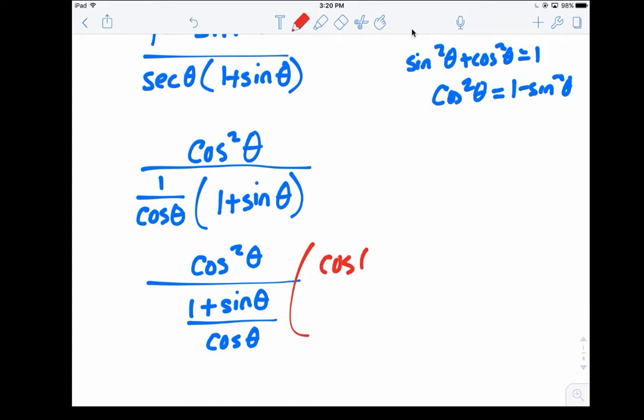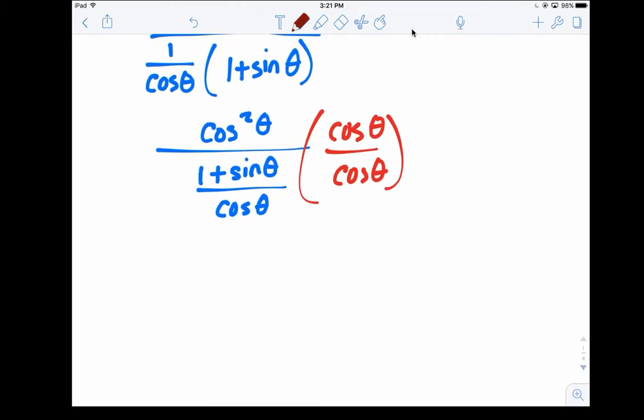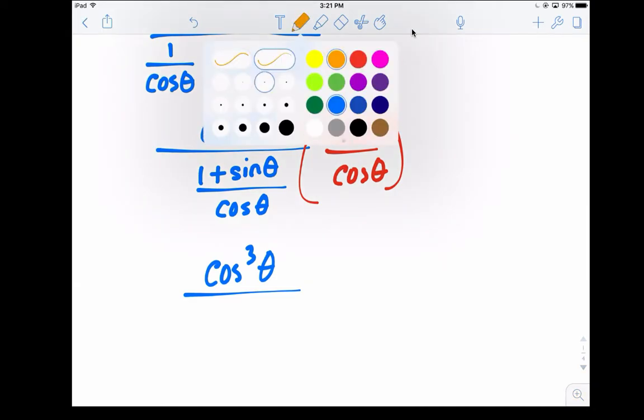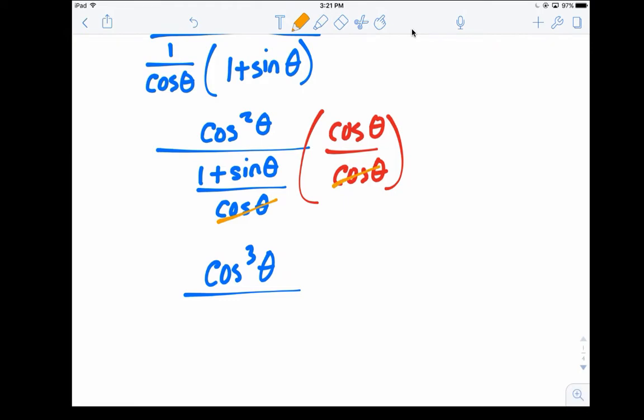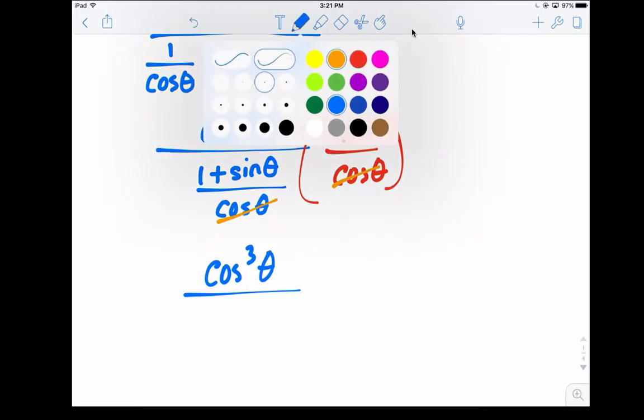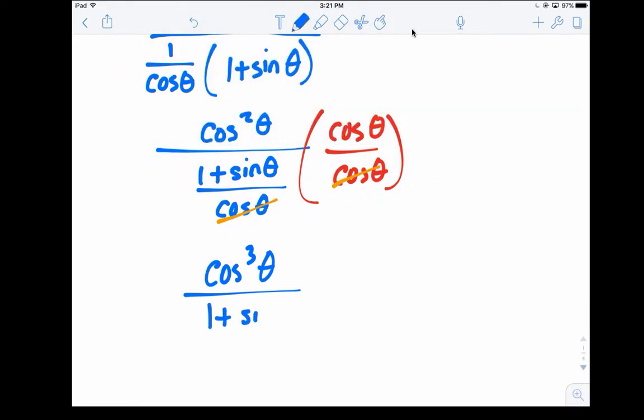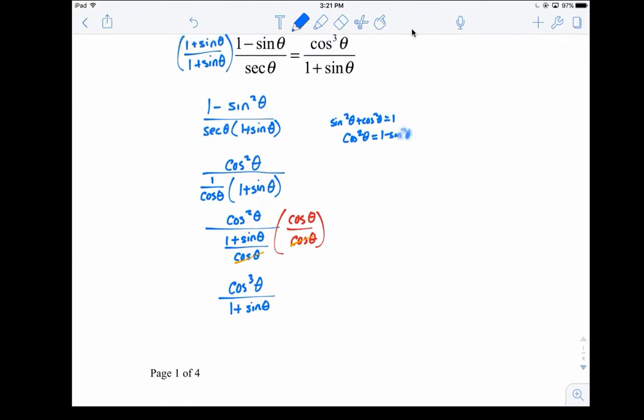So if you do that by multiplying on the top and the bottom there, what you're left with would be cosine to the third divided by 1 plus sine over cosine times cosine. The cosines cancel out, and then you're left with 1 plus sine on the bottom, which is what you wanted. So that's good for the second one.